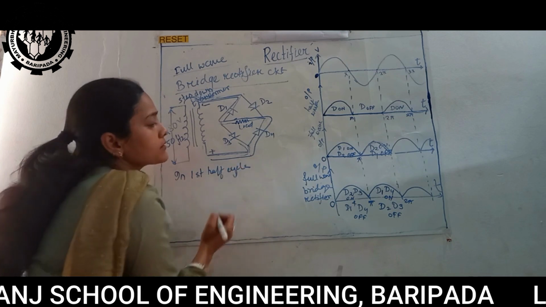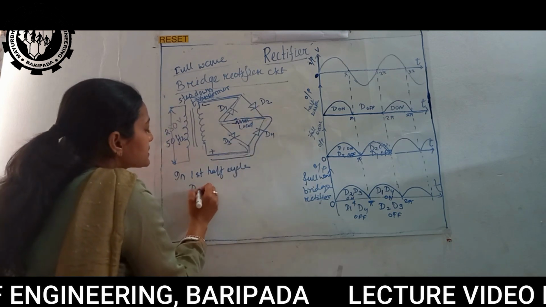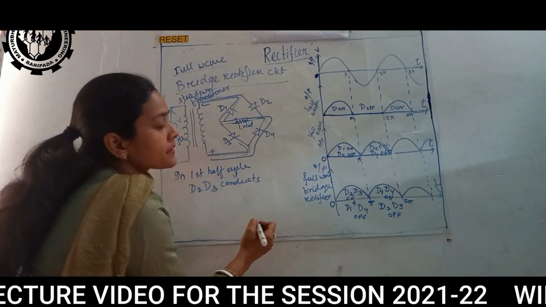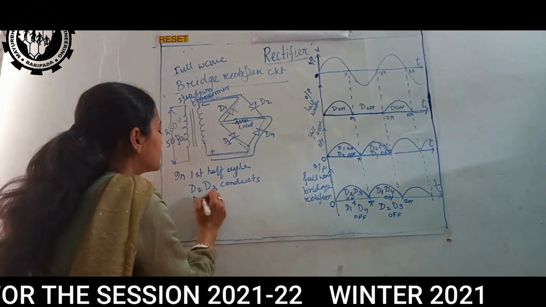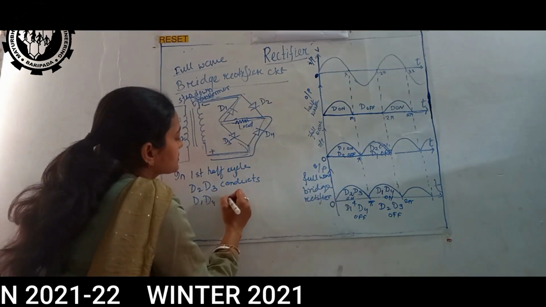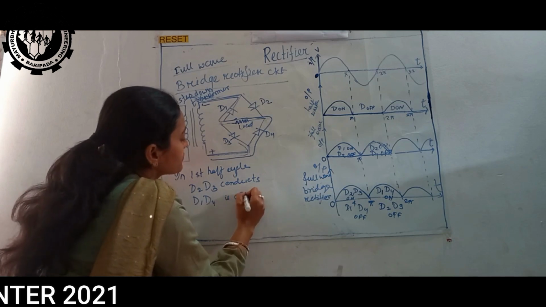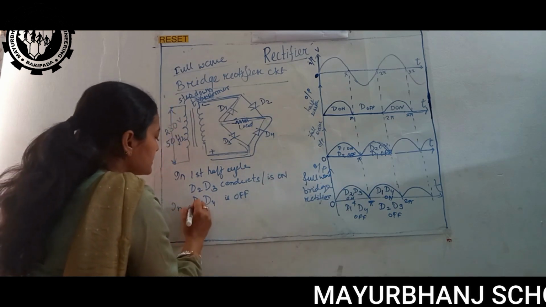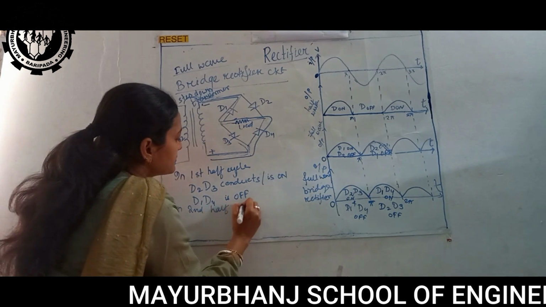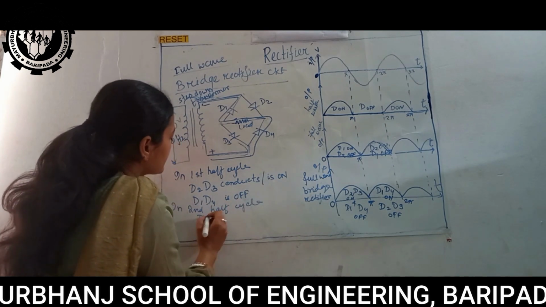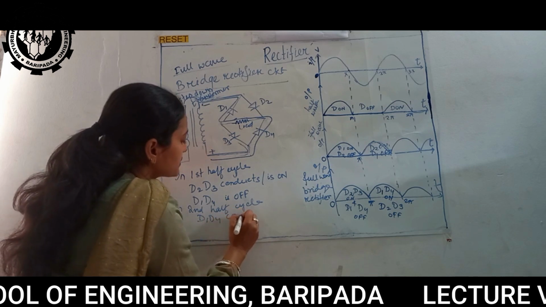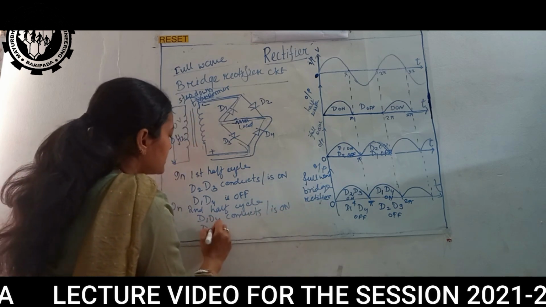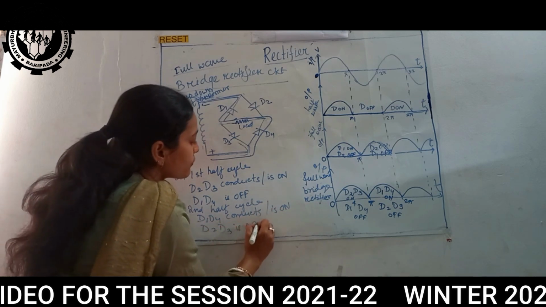D2, D3 conduct, D1, D4 are off. In the second half cycle, D1, D4 conduct, or are on, and D2, D3 are off.